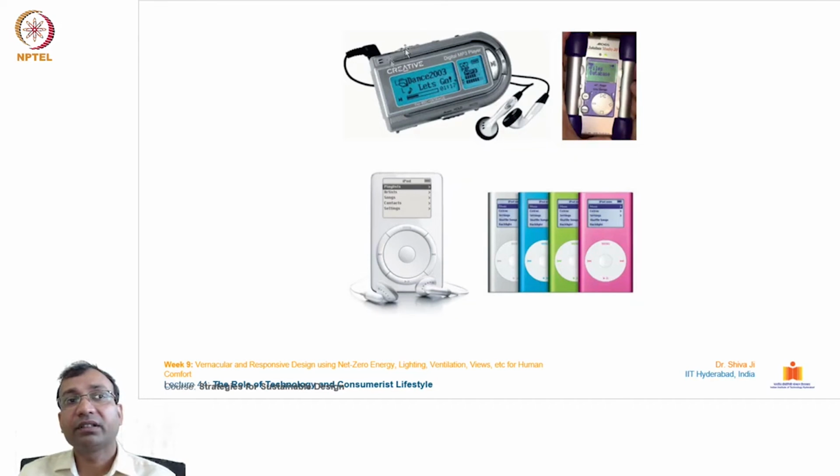This is how portable music players used to come in the earlier time. They used to run on MP3 or similar files, and they were portable with an onboard battery and these earplugs. This was one of the very initial product solutions of music on the go, and how it has evolved over time.